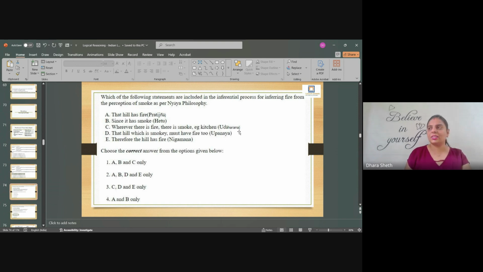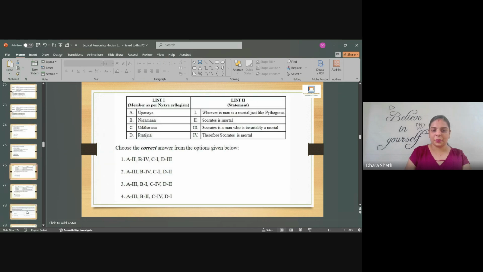It is a part of the 5 kinds of statements, but it is not important to write the Udaharan when it comes to the actual inferential process. So the answer is A, B, D, and E only. Okay, because we don't have any option where all 5 are there.